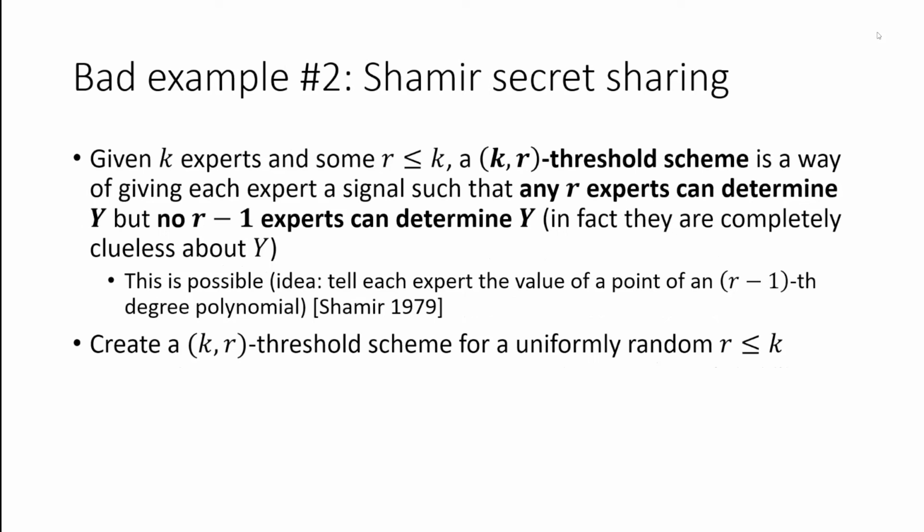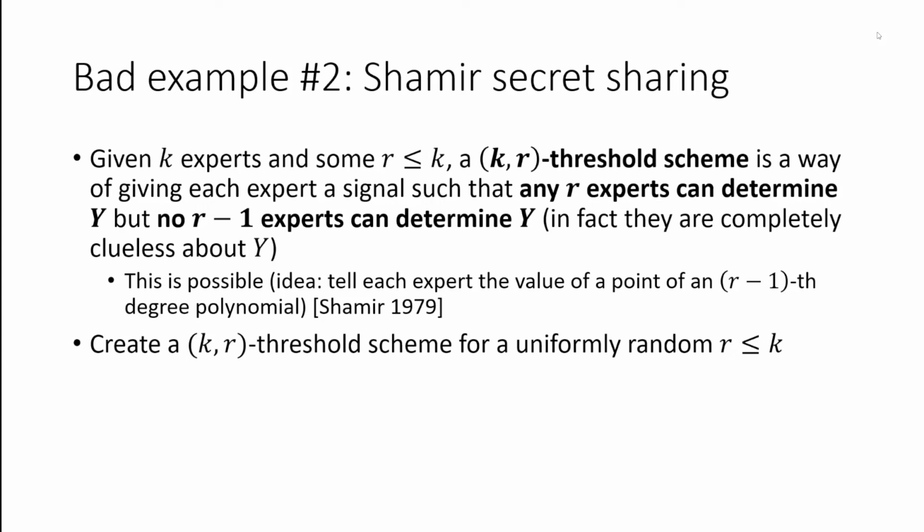And the way to see that is we are going to construct an information structure in which we think of the value y as a secret. And we are going to give shares of this secret to each of the k experts. And we're going to do this in a way such that for any r of the experts, for some r between 1 and k that we will choose, if they take all of their signals together, they can figure out y exactly.